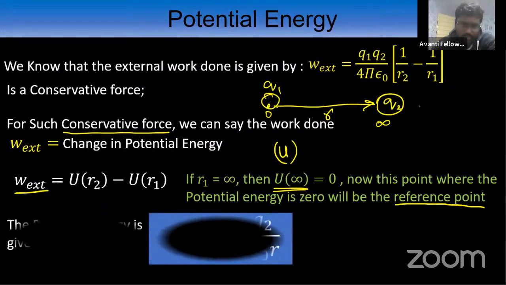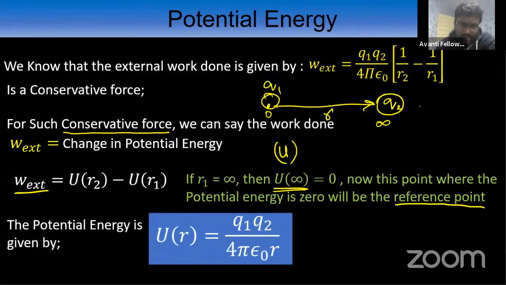Now, if that's the case, the potential energy expression is given by what? The potential energy expression is given by U(r) is equal to q1 q2 by 4 pi epsilon naught. I'm substituting only r1 as infinity, then W external will be equal to q1 q2 by 4 pi epsilon naught into r. So that will be my potential energy for any given point.